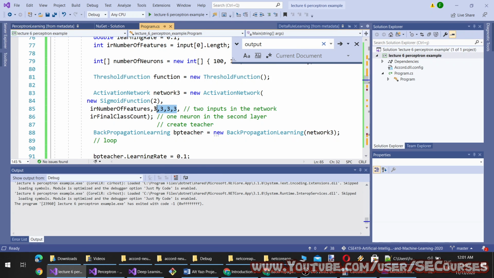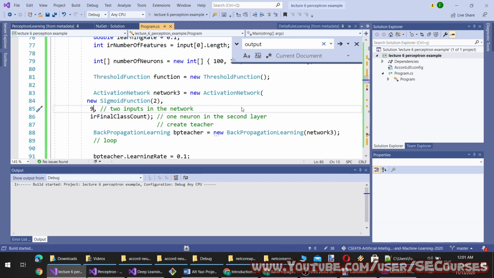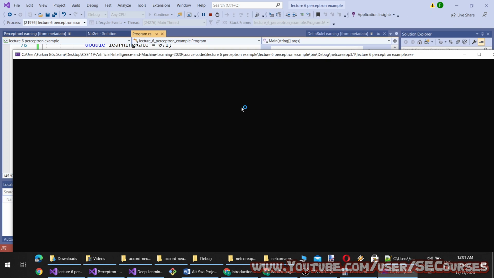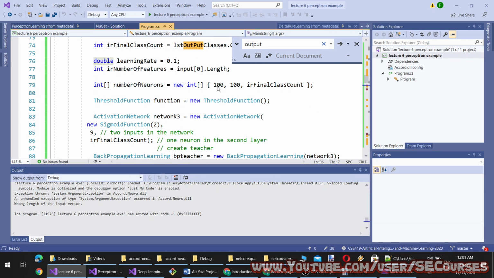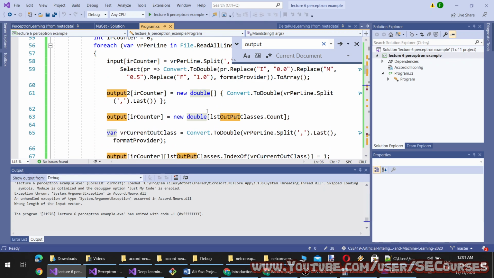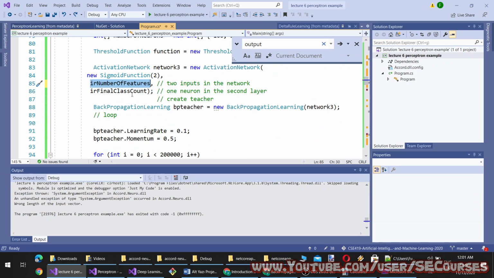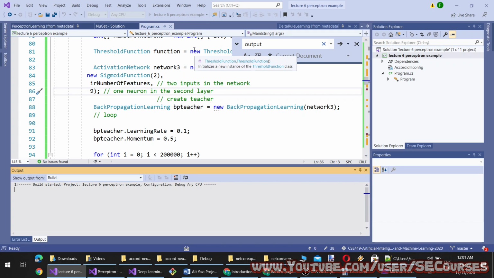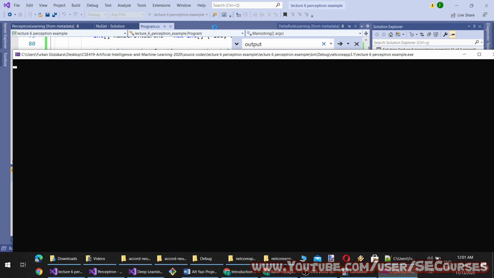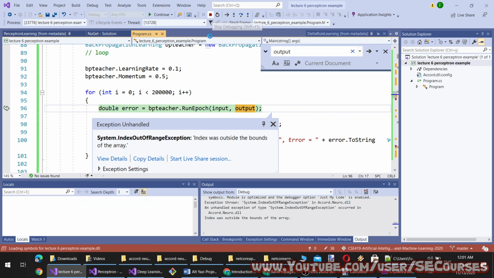I think I will just put, maybe we can put, what if we change this? What happens? Yeah, it gives an error. Okay, as I expected. If we change the output as well, it will also give an error.